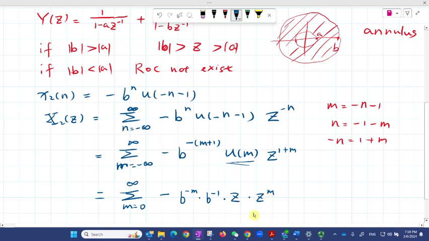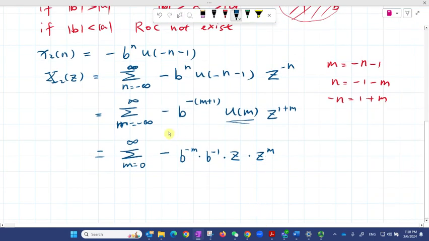We bring out everything that is not related to m: z over b, and the negative sign, since they are not related to m, and then we get this sum, inside of which is b to the negative m times z to the m.